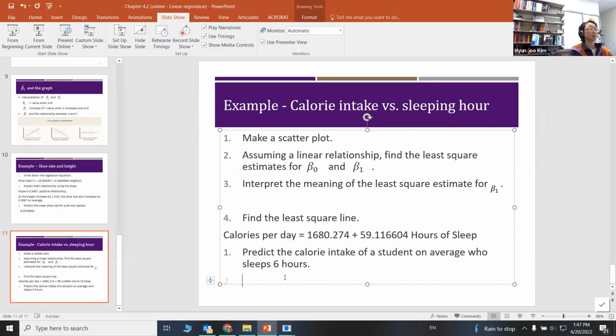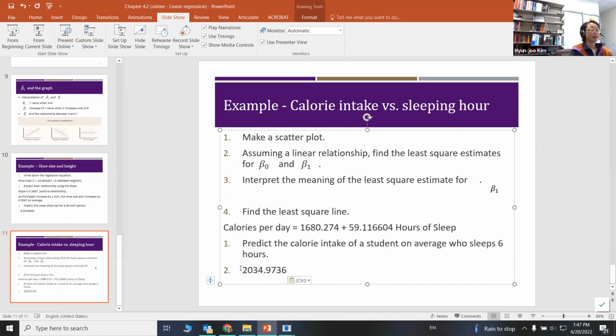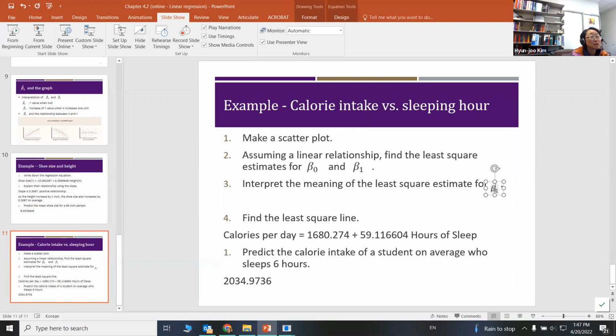And I'm going to just copy and paste there. Okay, so I just copy and paste a whole bunch of them there. Okay. So I did draw the scatter plot.